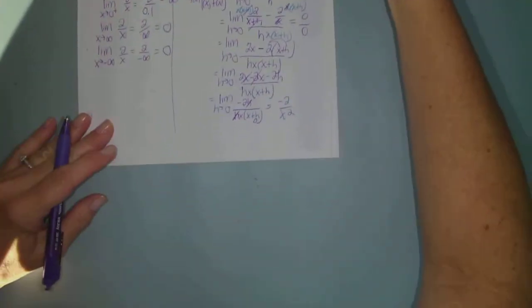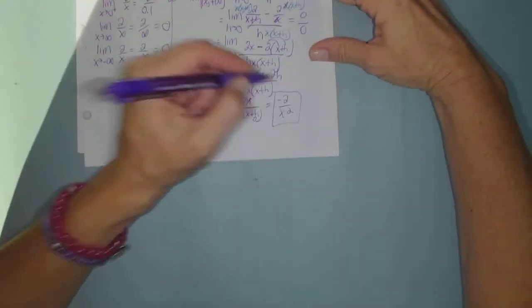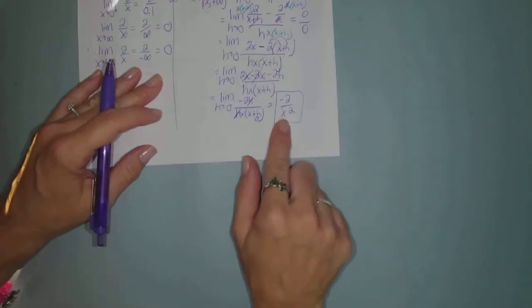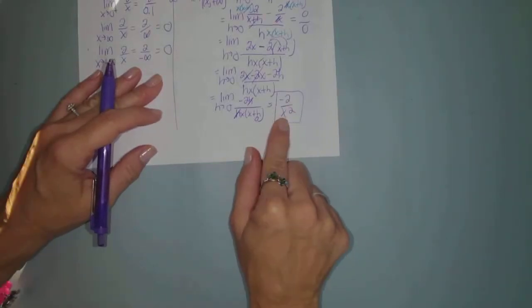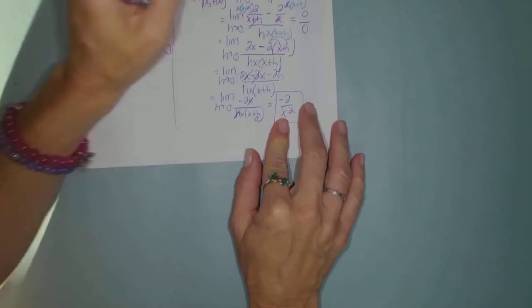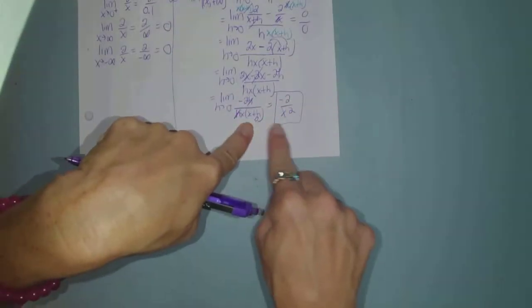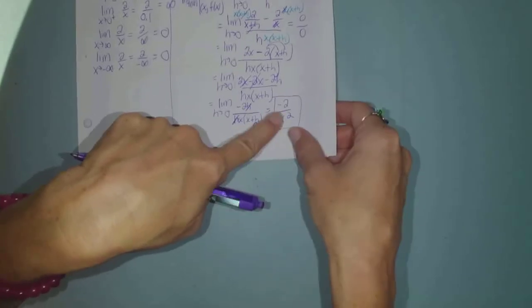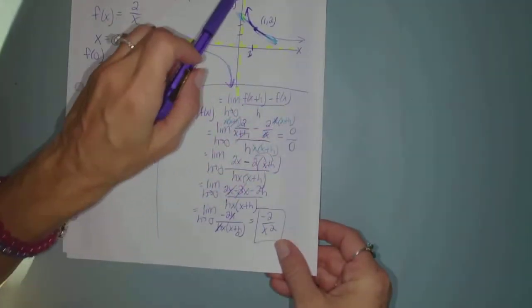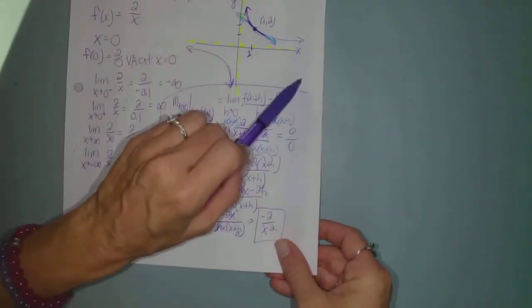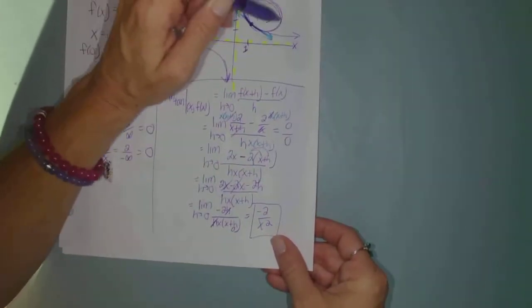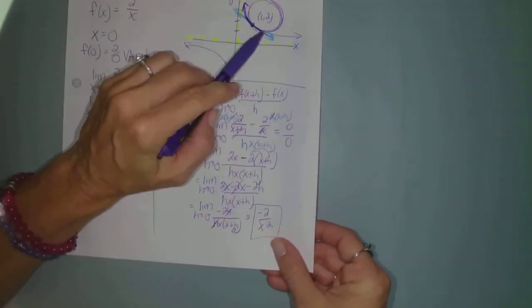And this is the derivative. This is the derivative in terms of x of the function f of x equals 2 over x from above. I could put any value of x in here, and it will give me the slope anywhere I want on this curve. But I want it specifically at the point we've already shown here, (1, 2).